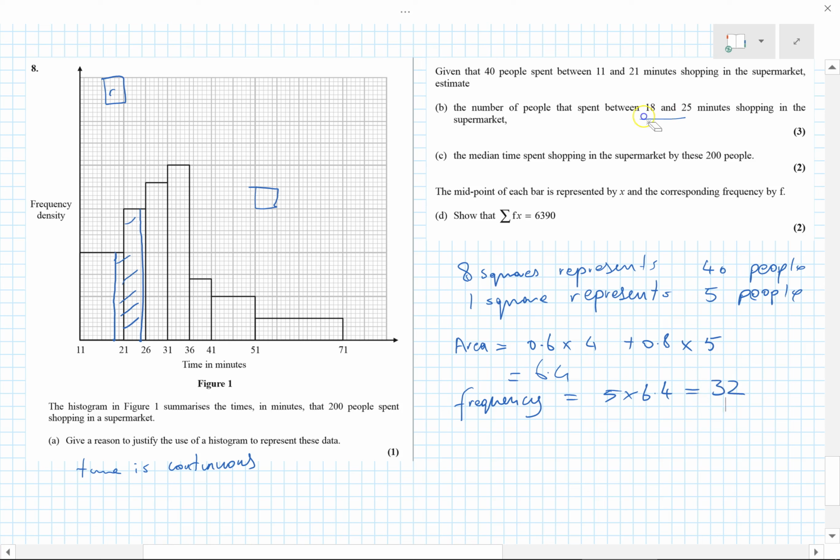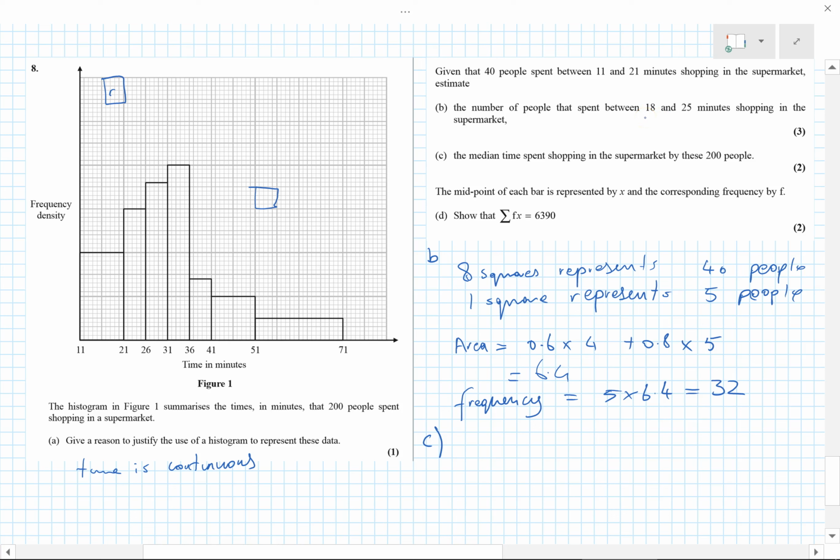Okay, right, so now we've got another interpolation question. It's used the word estimate here. Don't always assume that it's going to tell us to interpolate. But it's definitely interpolation here.